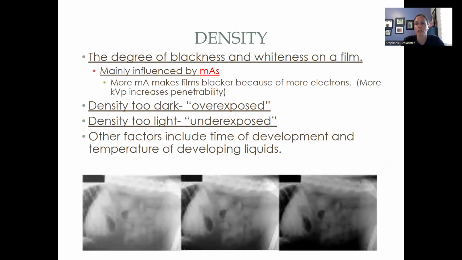It gives more opportunity for the film to expose more. We'll talk about film more in a couple of weeks, but just know if it's too warm or in the developer too long, it'll be too dark. If the temperatures are too cool or they're not in there long enough, it'll be too light. Obviously with digital, that's not an issue for us, fortunately.